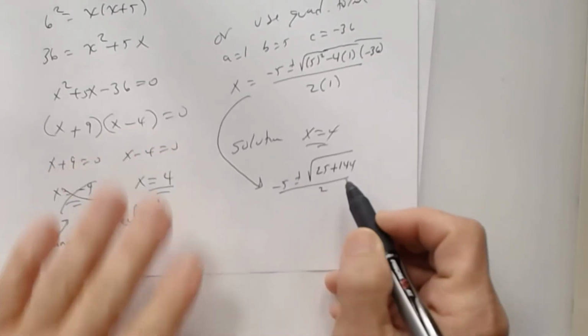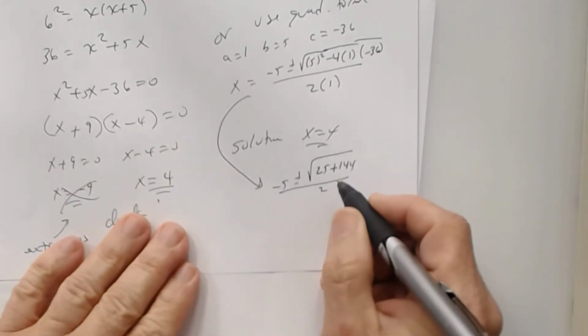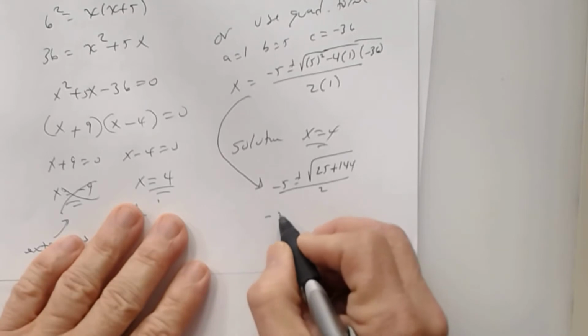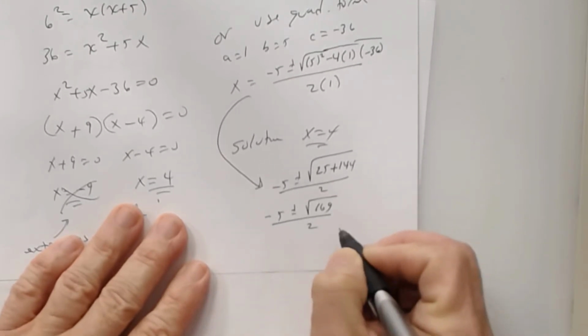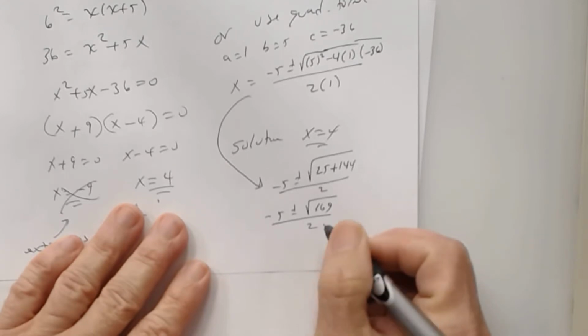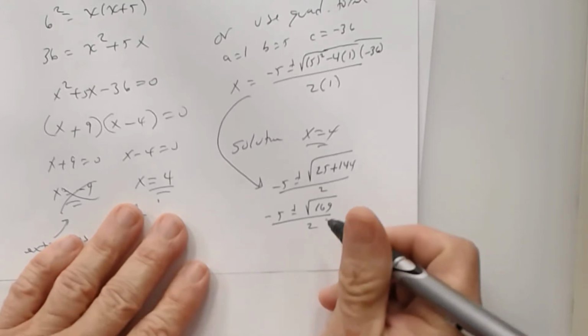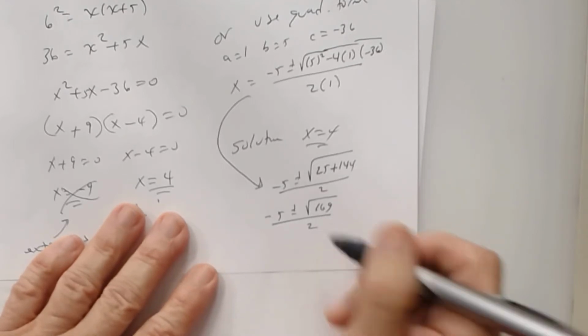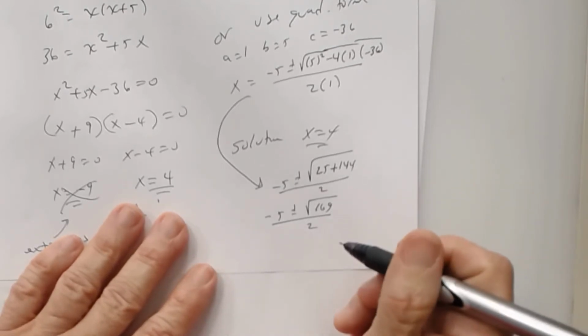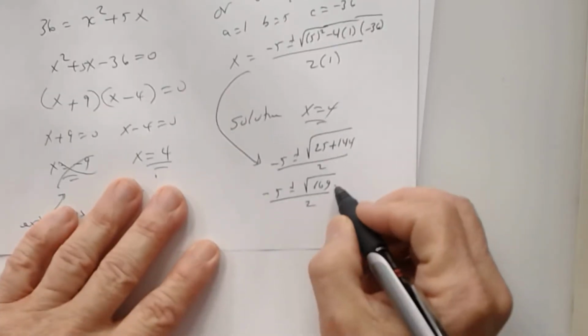And what's 25 plus 144? 169. What do you remember about this, 169? Perfect square. No, it's not the square root of 13. It's just what? 13. Remember, 169 is a perfect square. So the square root of 169 is what whole number? 13.